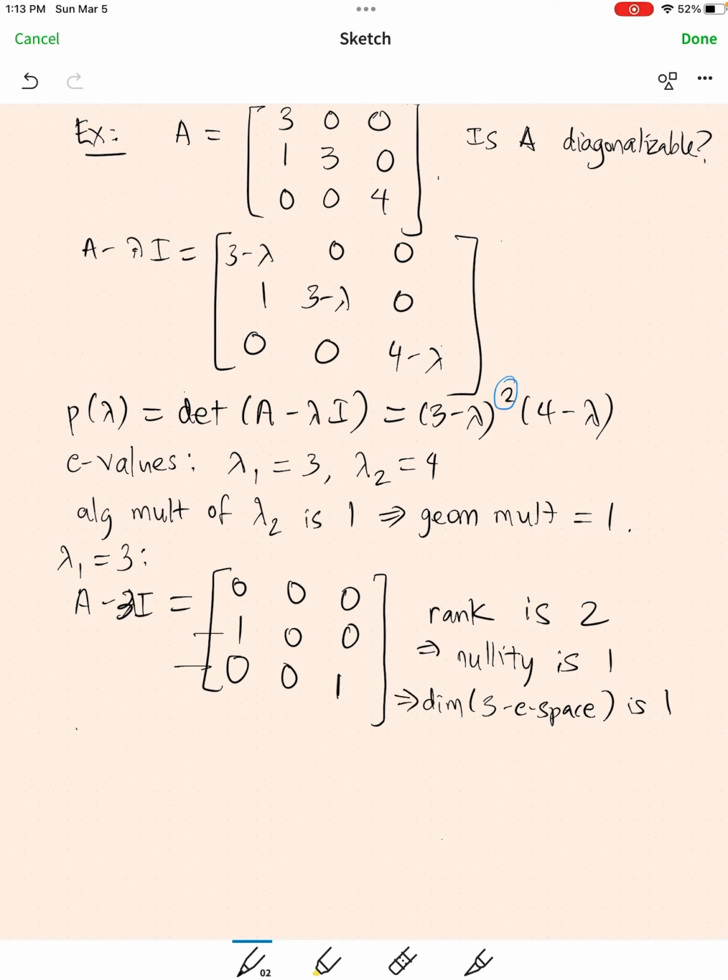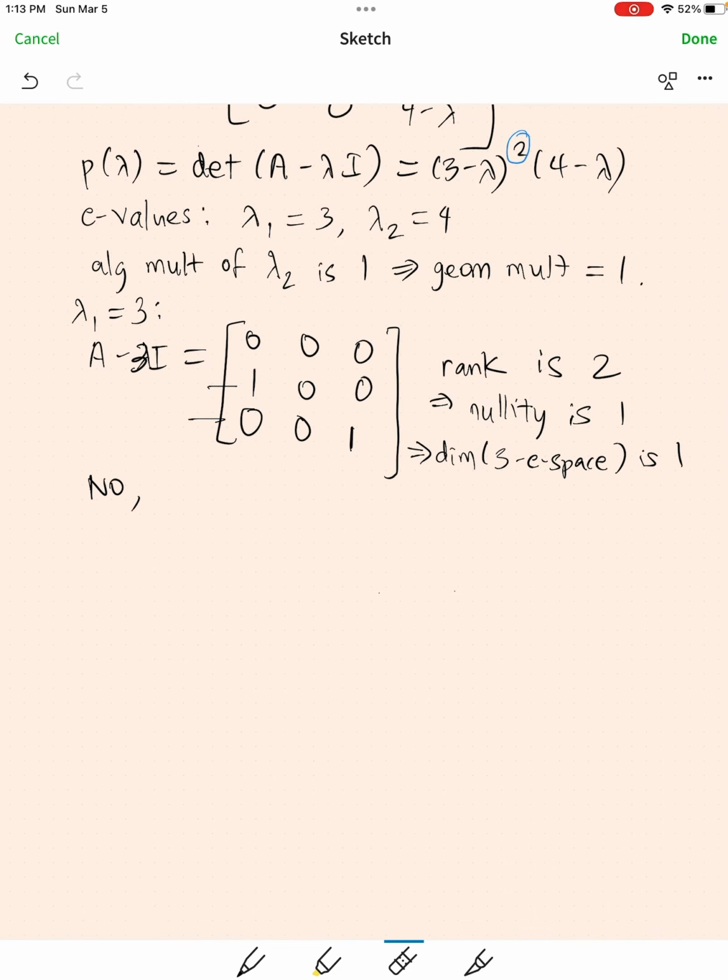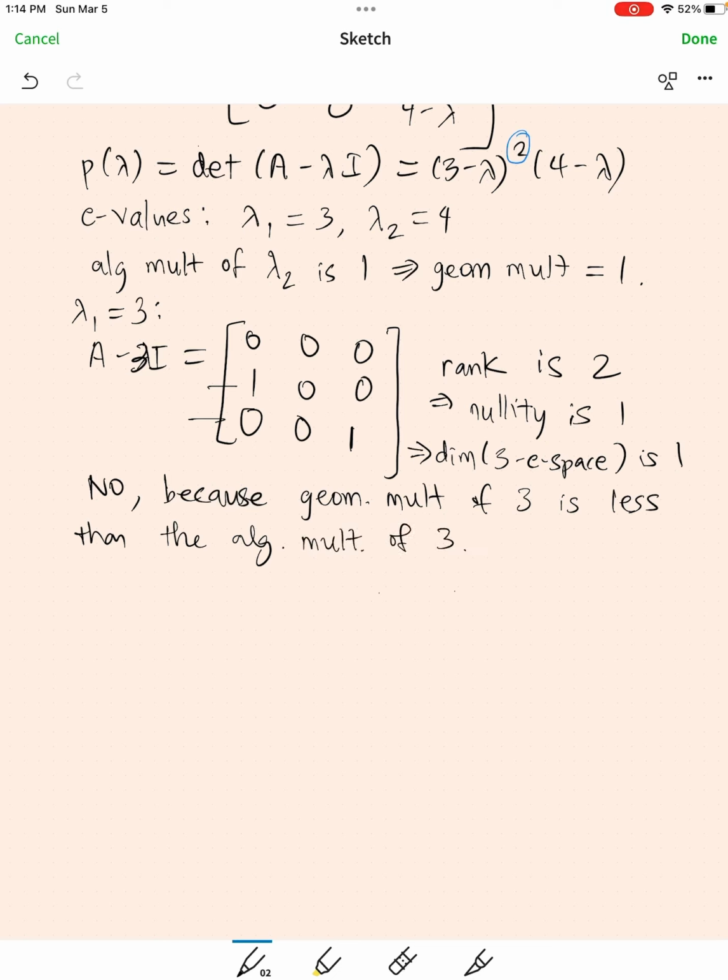And so no, A is not diagonalizable because the geometric multiplicity of 3 is less than the algebraic multiplicity of 3.